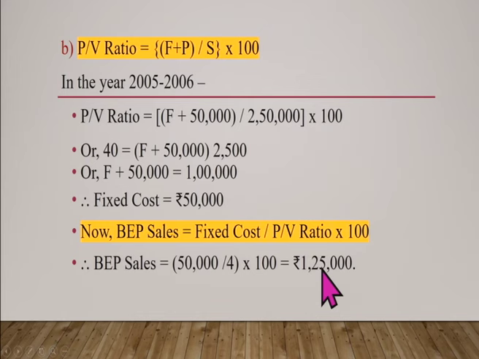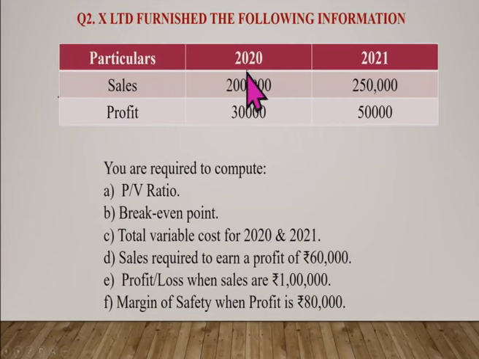So 2 lakhs minus 1,25,000 is the margin of safety for 2020. For 2021, margin of safety is 2,50,000 minus 1,25,000.